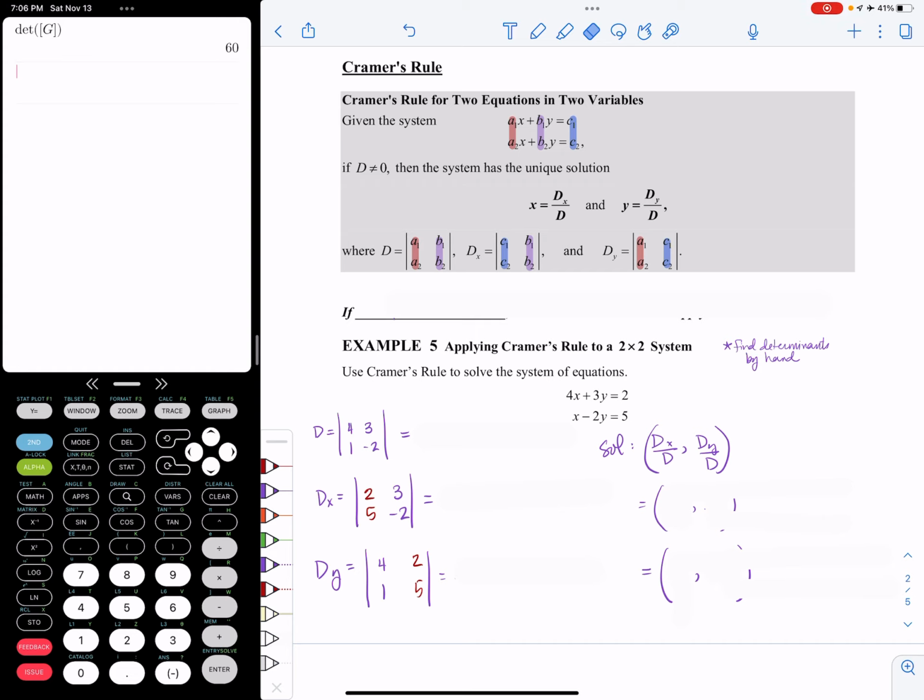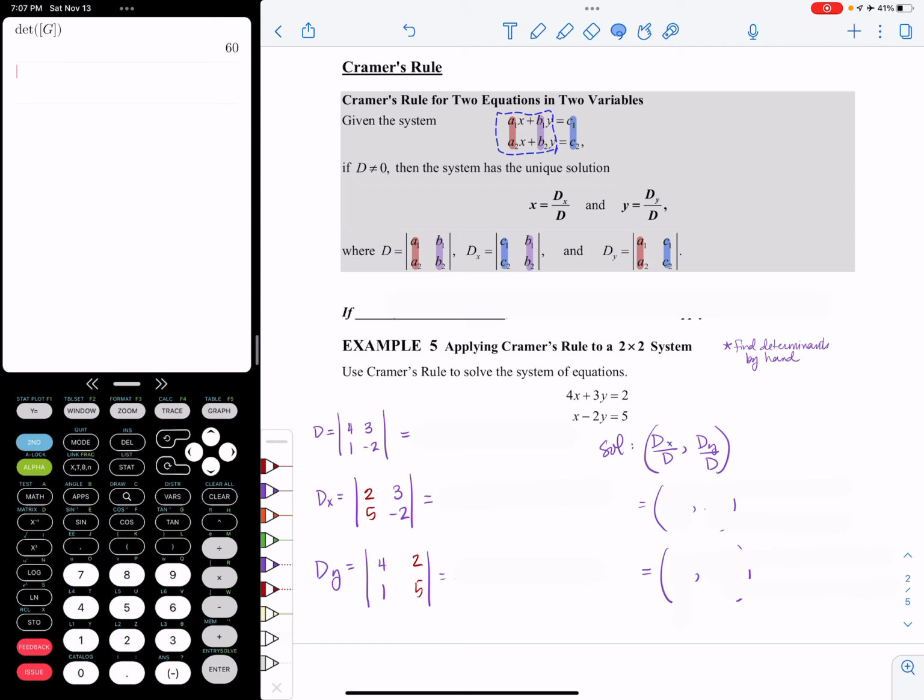Cramer's rule is just another way of solving a system of equations, and you can see here is our normal system of equations. So what we're going to do is the first thing we're going to find is what I call the plain old determinant. The plain old determinant is where I use the coefficients from the x's and the y's, and I get a 2 by 2 matrix, and I find its determinant.